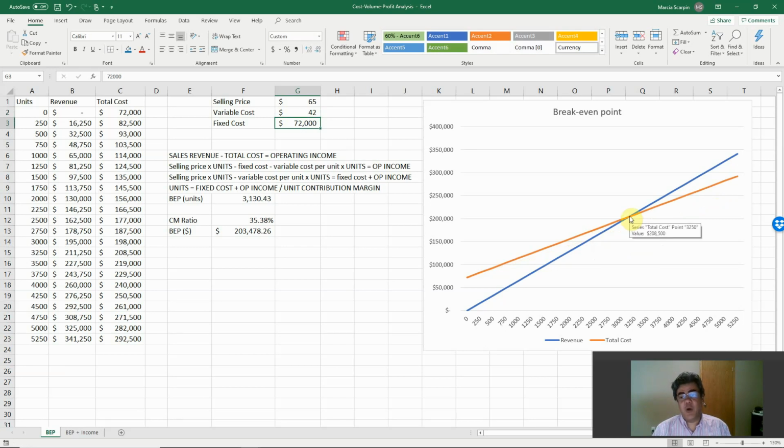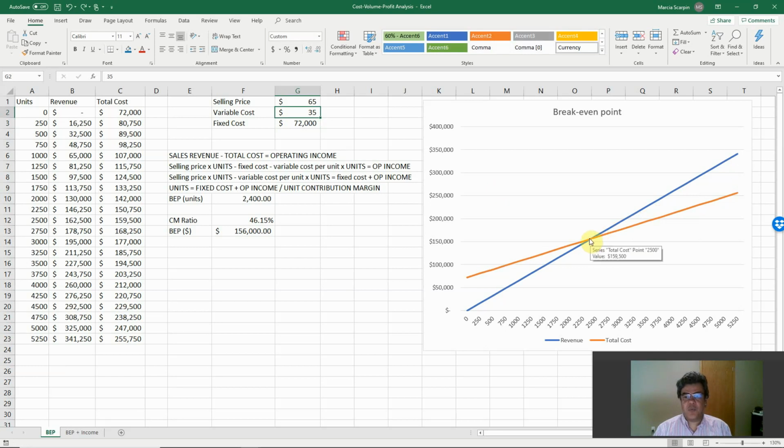When our variable cost goes up, we need to sell more. So our break-even point also goes up. What if variable cost goes down? Instead of 35, 30. My break-even point goes down because we need to sell less. However, our origin remains the same.